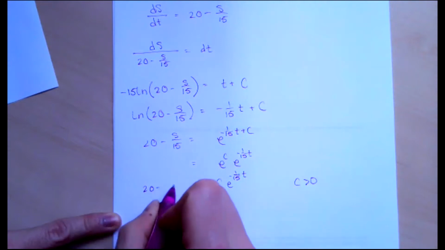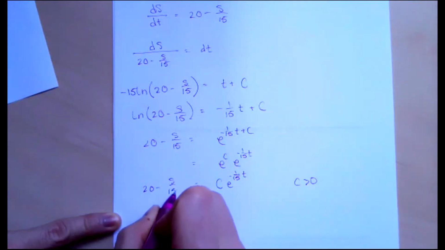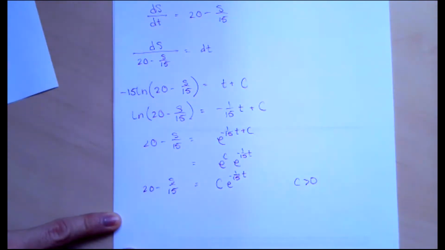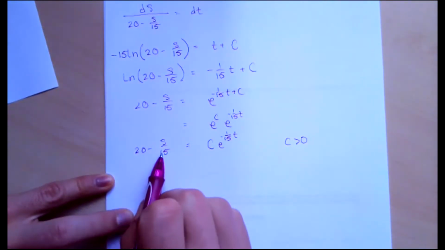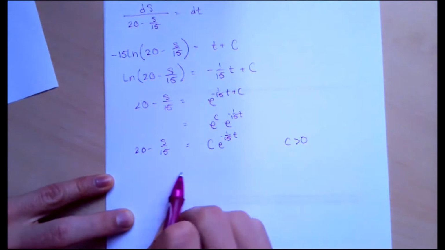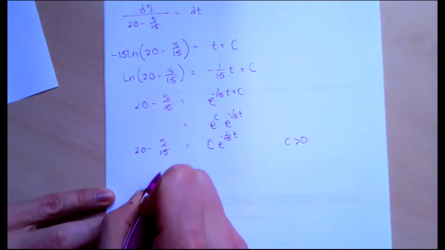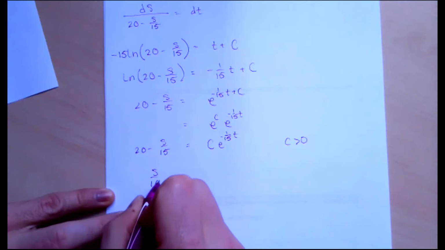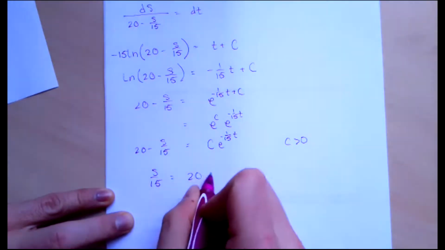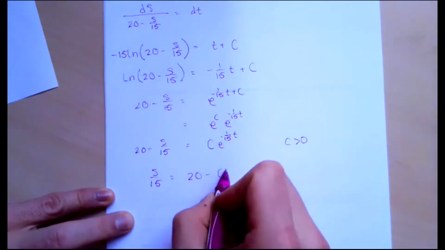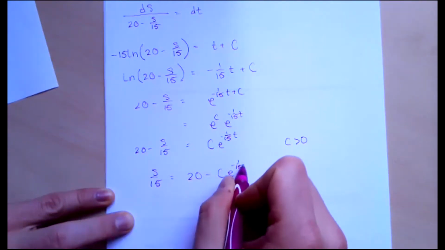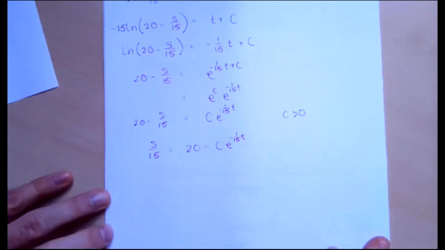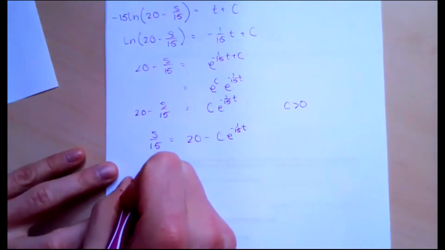And we've got 20 minus S over 15. To solve for this, I can add my S and subtract the other term over. I'm going to keep my S over 15 equal to 20 minus c e to the minus 1/15 times t, and then we just multiply by 15.